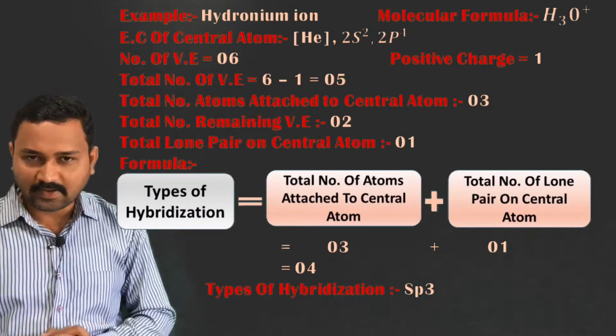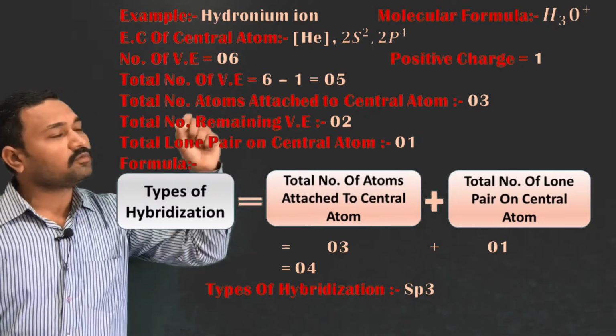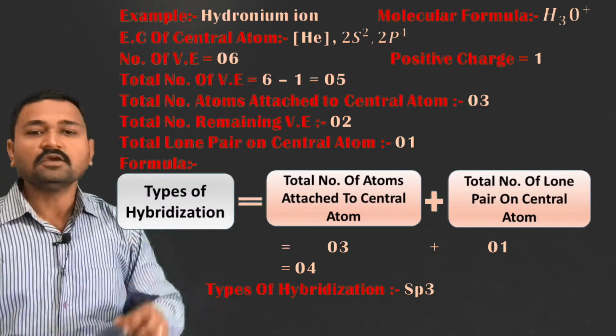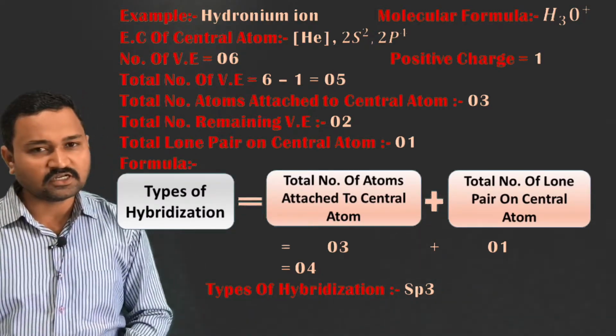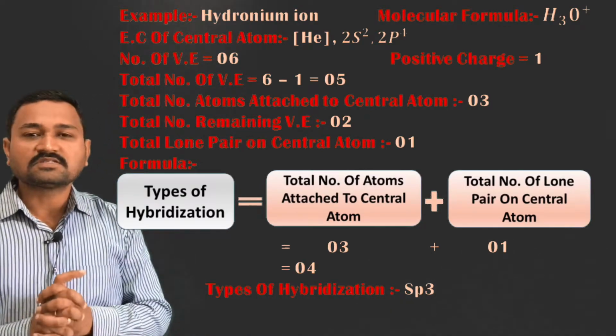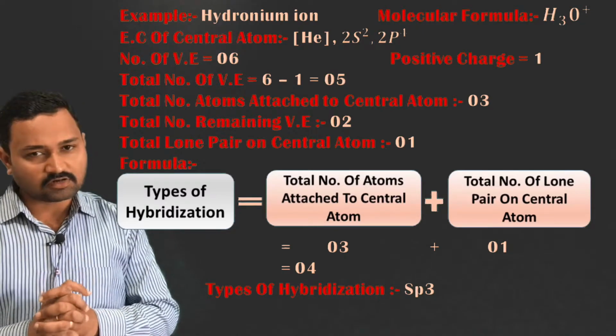Here I have taken the first example, the hydronium ion. You know that the hydronium ion is a polyatomic cation as it has a positive charge and contains 3 hydrogen atoms and 1 oxygen atom. The central atom in the hydronium ion is oxygen.